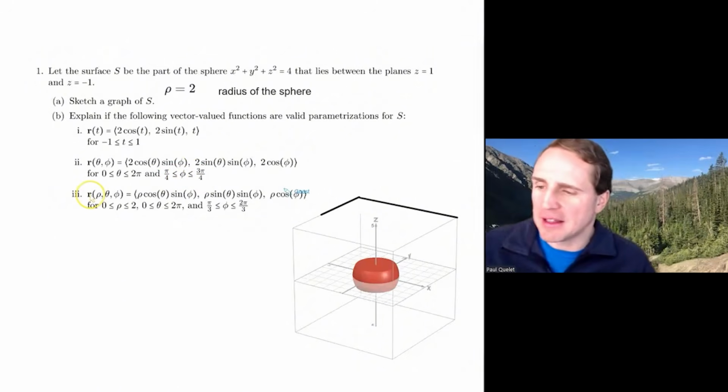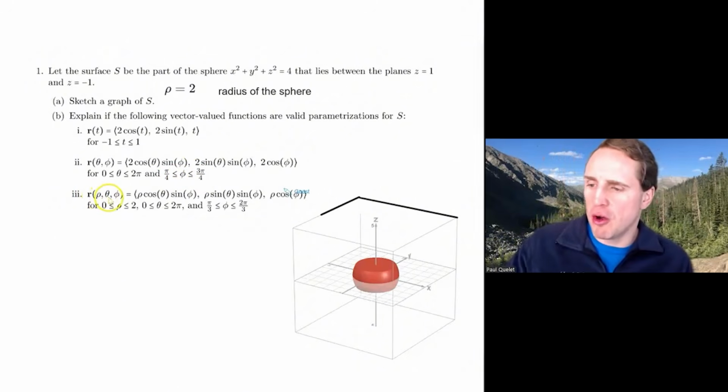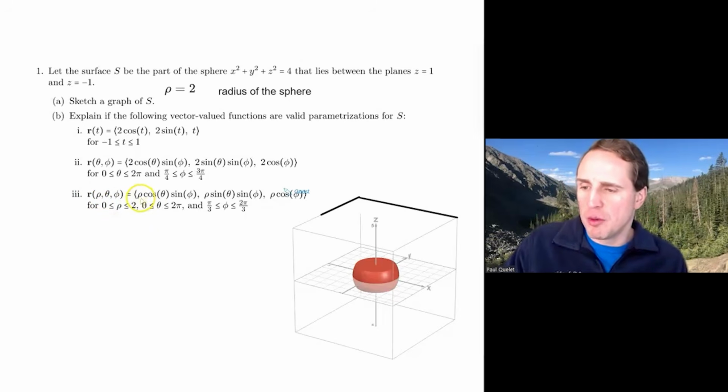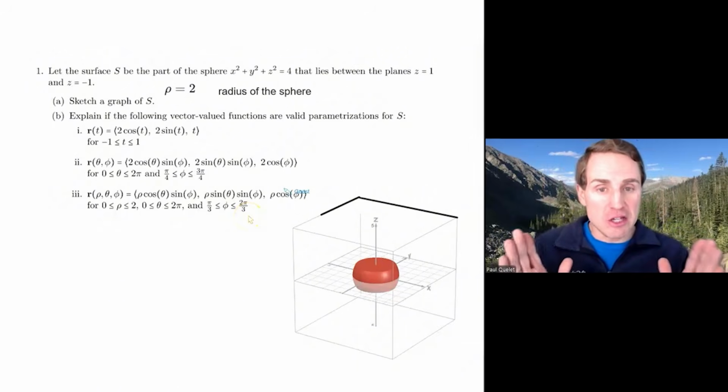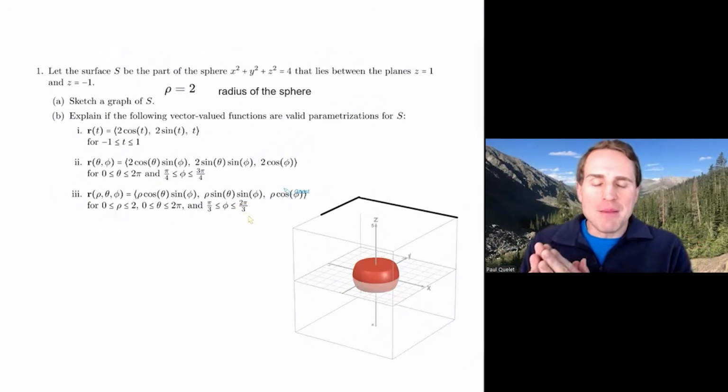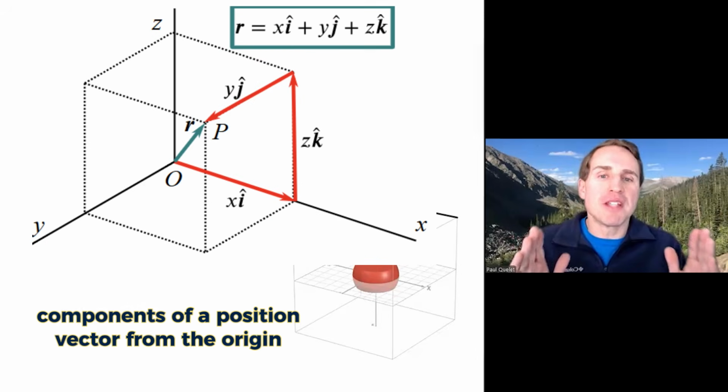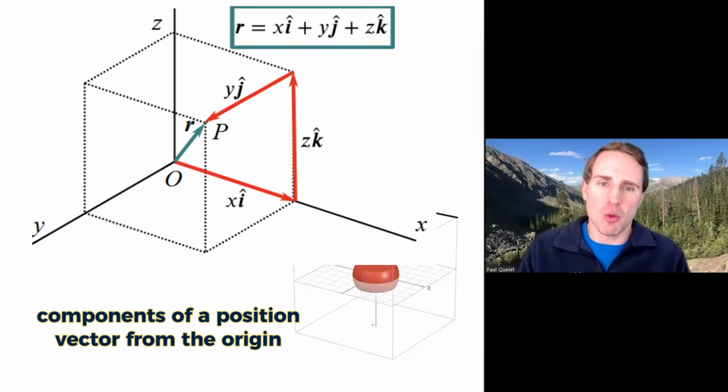And then finally, the last r vector of rho, theta, and phi would be rho cosine theta sine phi, rho sine theta sine phi, and rho cosine phi. Rho between 0 and 2, theta between 0 and 2 pi, and then phi between pi over 3 and 2 pi over 3. When I said R in each of those, R vector, when I named off the components, those are components of a position vector from the origin.